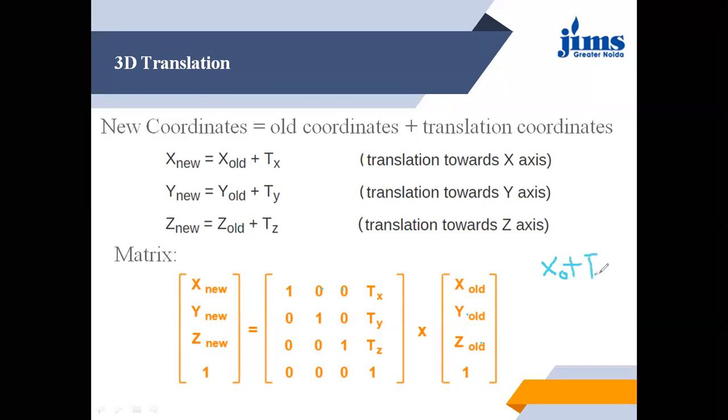Same we can find for y new and z new also. So y new will be y old plus Ty. In this fashion we can find the values of the new coordinates after the translation.